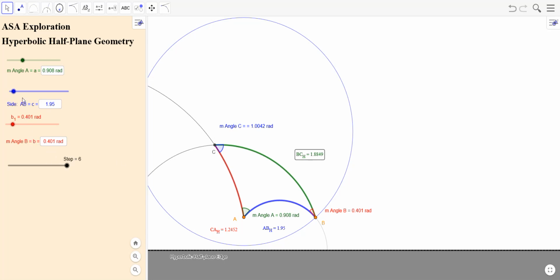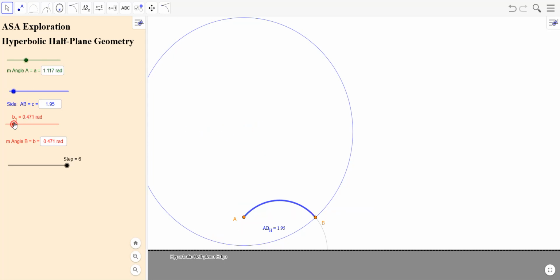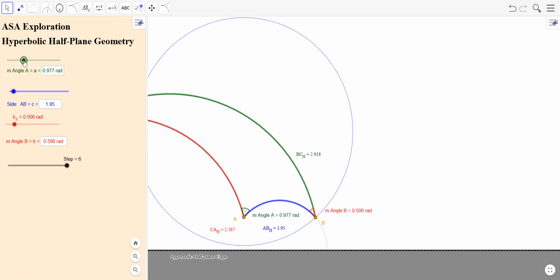Now, you can break this one in the same way that you can break the Euclidean situation. You can make a no solution case if you make the angles too big. I'm not sure if this is even being illustrated correctly.